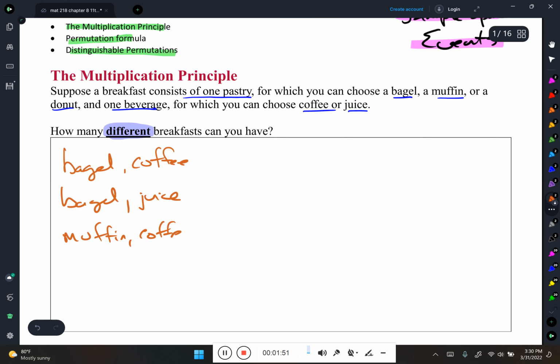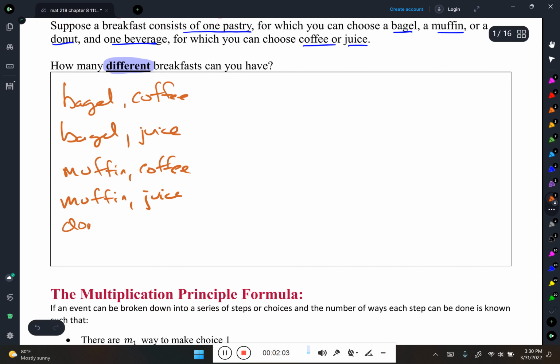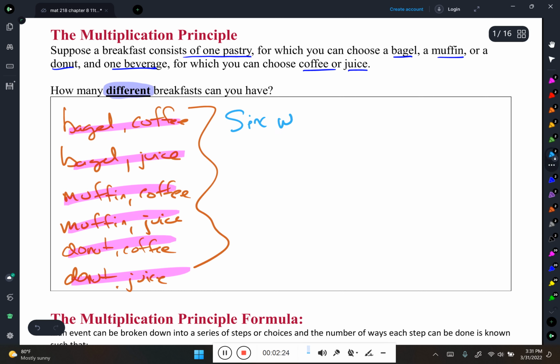I could have a donut and coffee, or a donut and juice. So it looks like I have 1, 2, 3, 4, 5, 6 different ways that I can have breakfast, given these options.